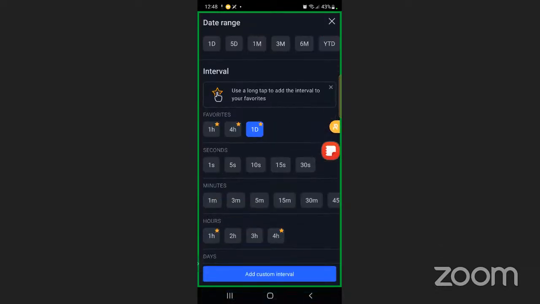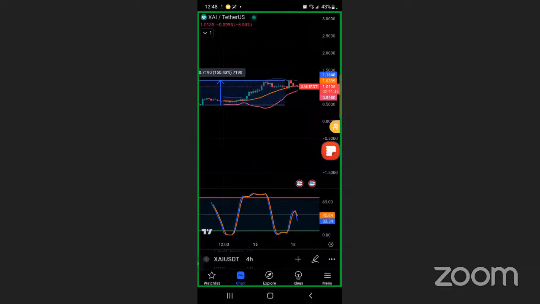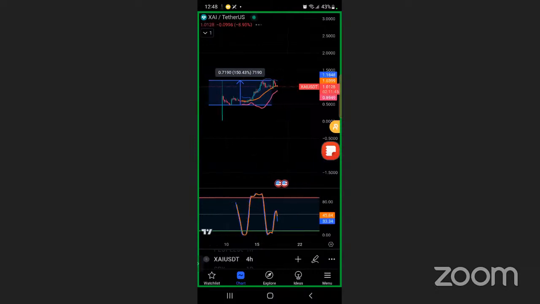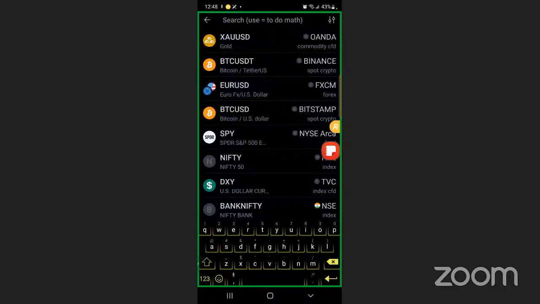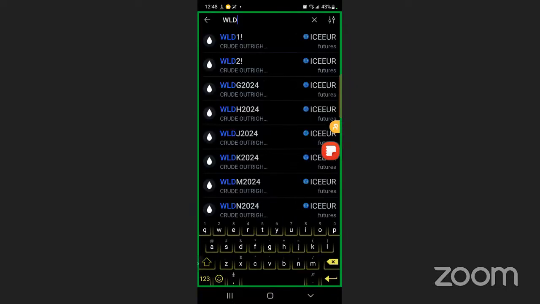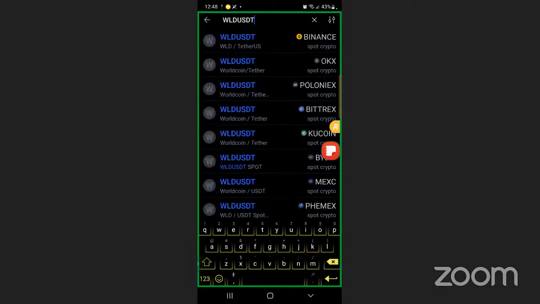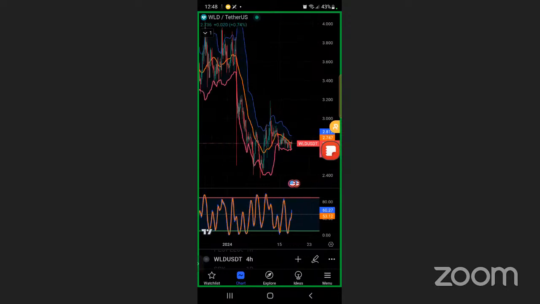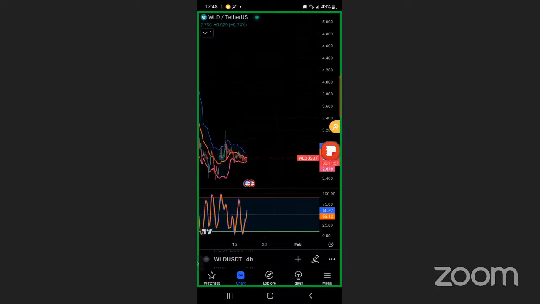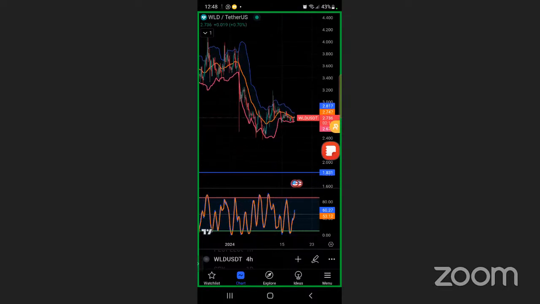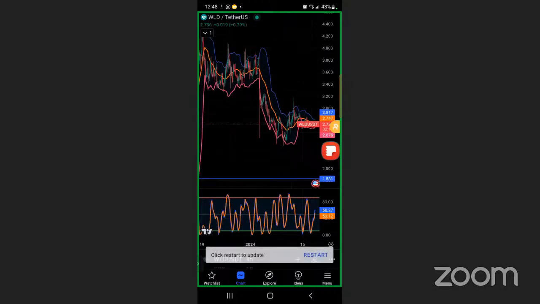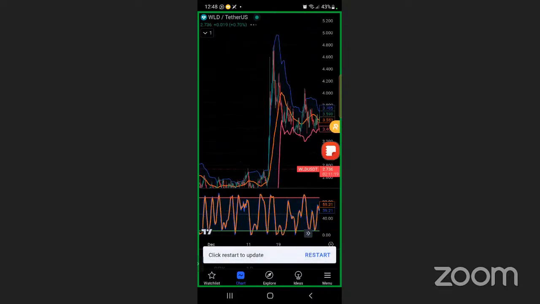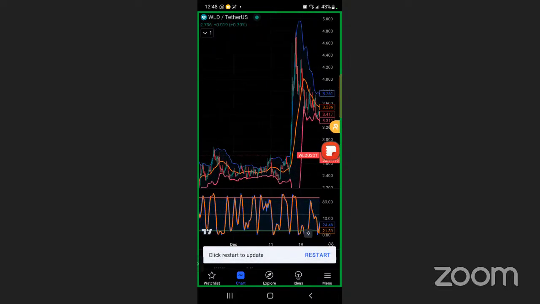The market does go up and down, up and down, up and down. WLD, SDT. Now you see this coin? It went up and it came down. It went up a little bit, then it's going down. So that's how it does.